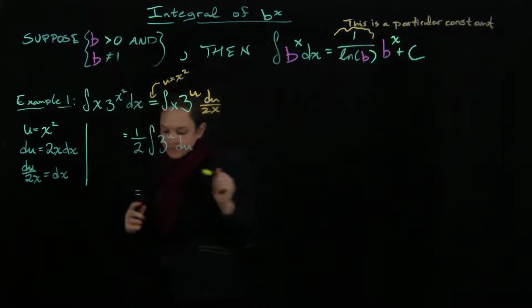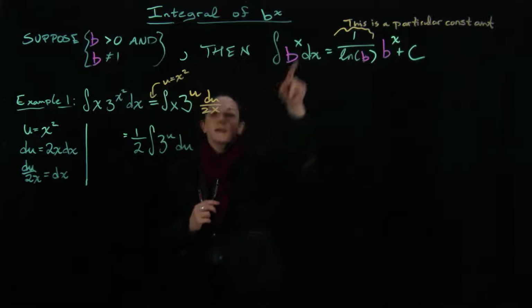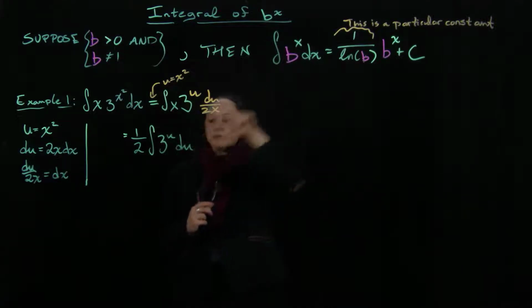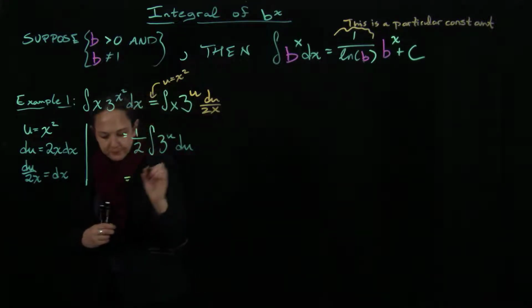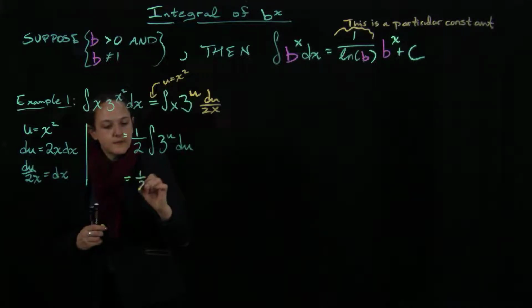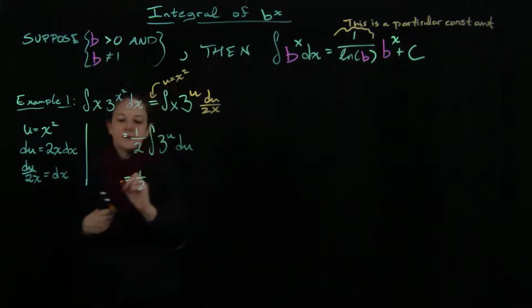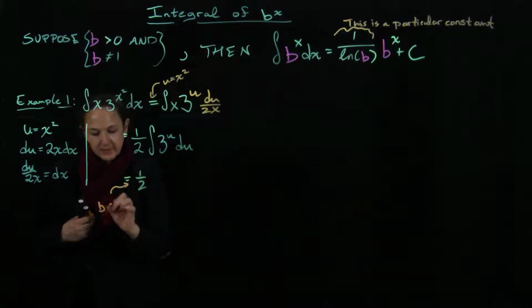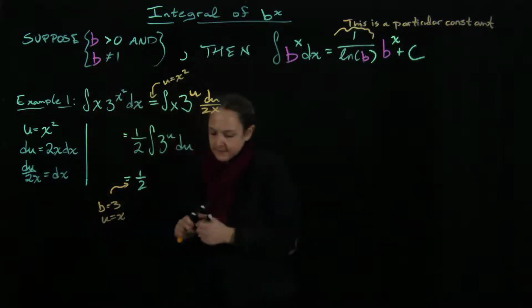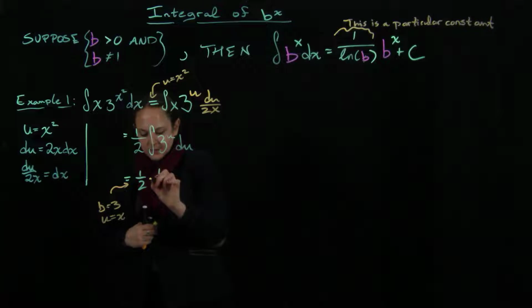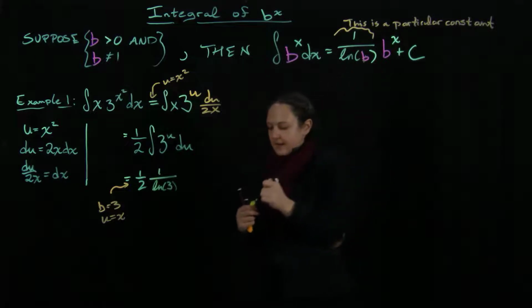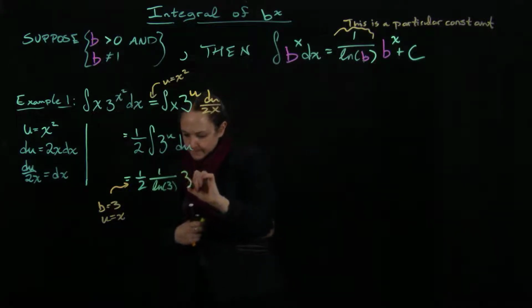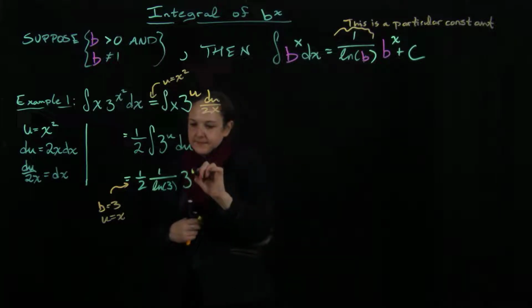Now this looks just like the rule, except where 3 is my b and u is my x. So I can go ahead and write this is going to equal 1/2, and then I have 1 over the natural log of 3, because that's my b, and then I have 3 to the u plus c.